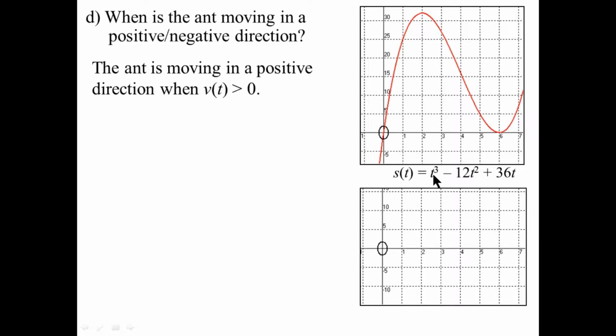Witness the derivative of t cubed is 3t squared. And this particular parabola is going to have its zeros, its x-intercepts, happen whenever there is a horizontal tangent on the cubic. And so that'll be a 0 here at 2, and another 0 here at 6, because there's a horizontal tangent at 6.